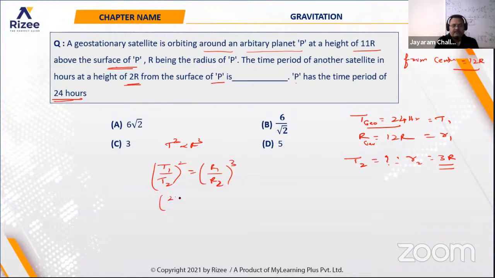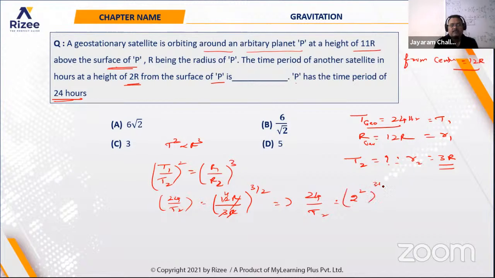So 24/T2 is equal to R1 is 12R, by this is 3R, I can write it as (4) whole to the power of 3/2. R cancels, this comes out to be 4. So 24/T2 is equal to, can I write 4 as (2 square) whole to the power of 3/2? Cancel them, and this will be 2 cube. So T2 is equal to 24 by 8. This is how you can solve this particular thing. Obviously, you should be getting it as 3 hours.